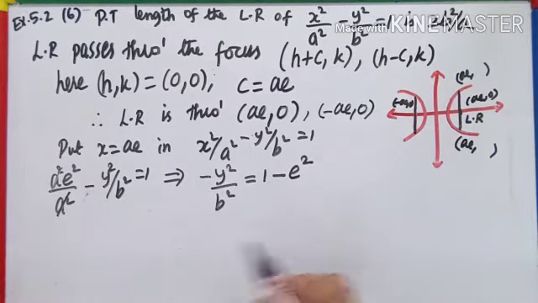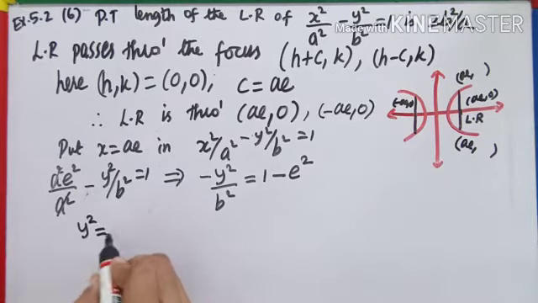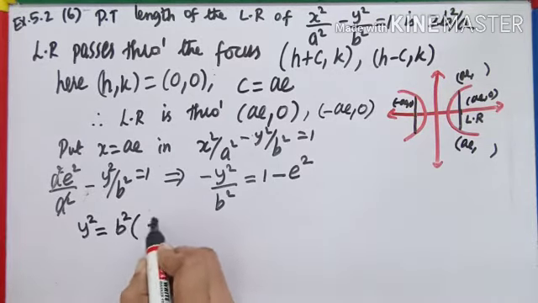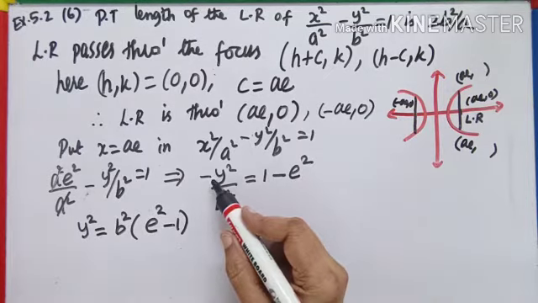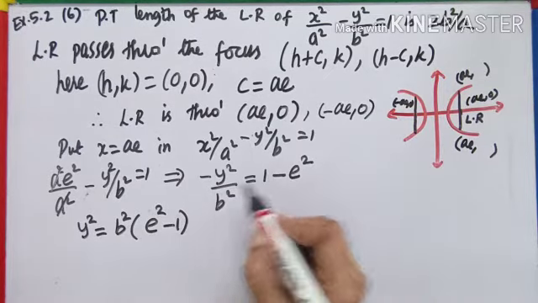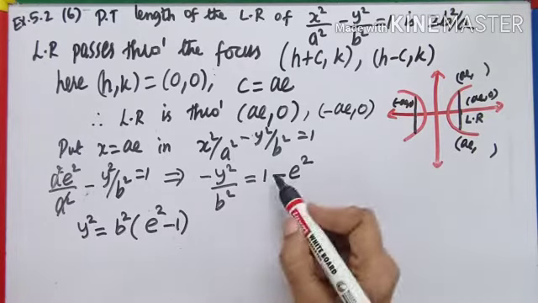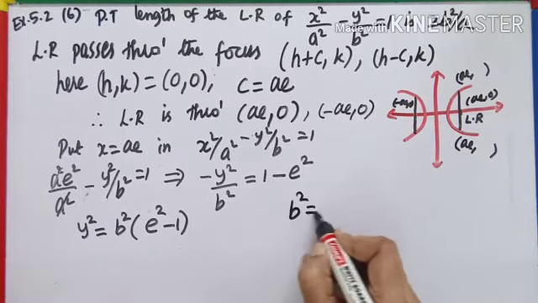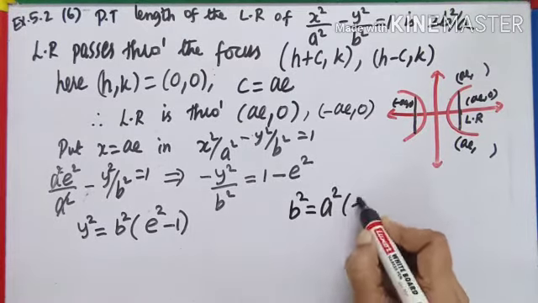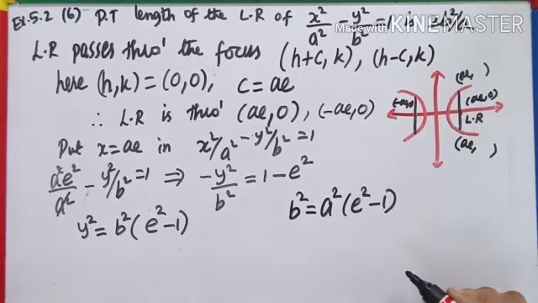Cross multiplying, we get Y square equal to B square into E square minus 1. But we know B square equals A square into E square minus 1.